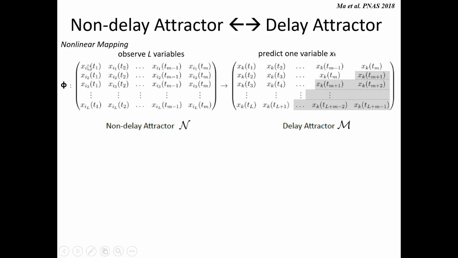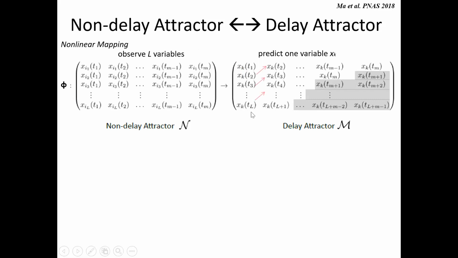This is gene 1, gene 2, gene 100. So this is time point 1, time point 2, up to time point 24. So it's one day, TM is 24. But here we focus on the gene TEAM. So it's only one variable, but it's time point 1 to time point 10.